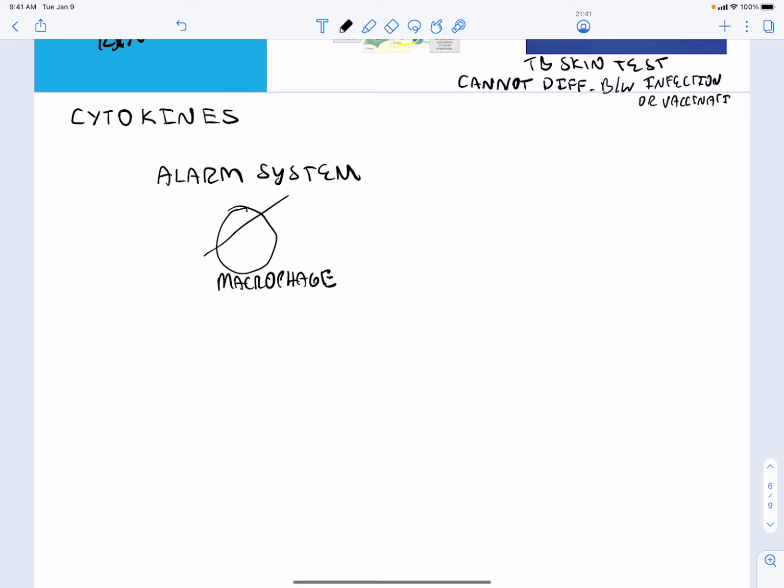Now, our macrophage has a few things that it's going to want to do. It's going to want to release our cytokines for our acute phase. And so those are going to be, of course, our IL-6, our IL-1, and our TNF alpha. And so they're also going to release GM-CSF.